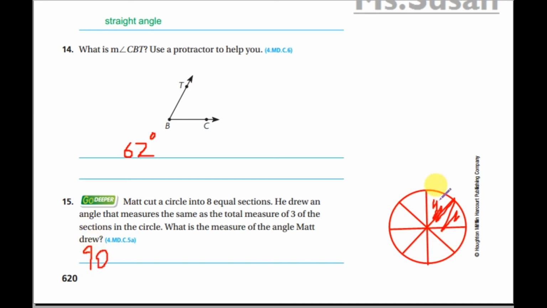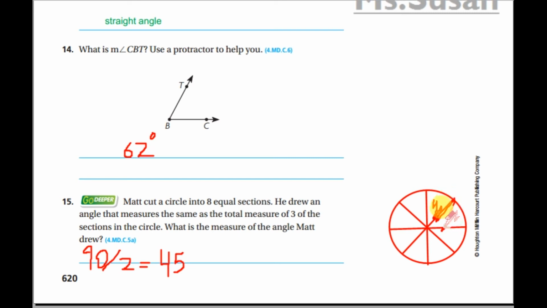And this 90 degrees here is divided into 2 parts. So divide by 2. This means each part is 45 degrees, because half of 90 is 45.